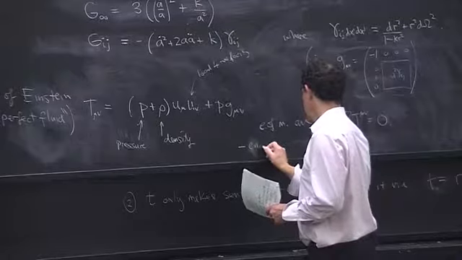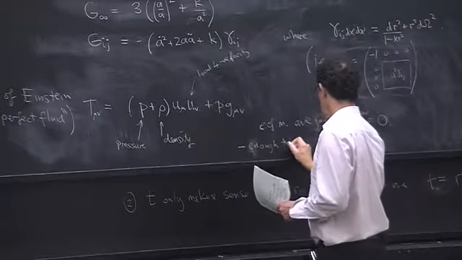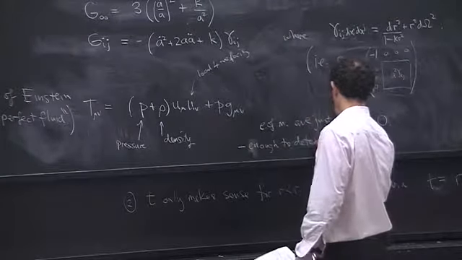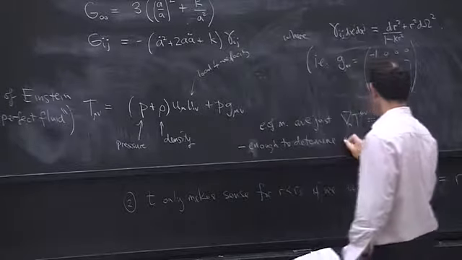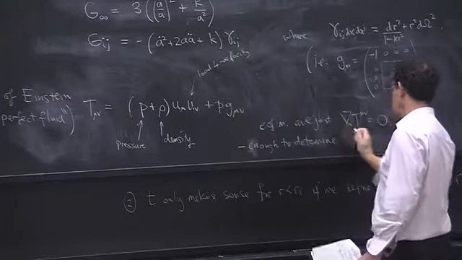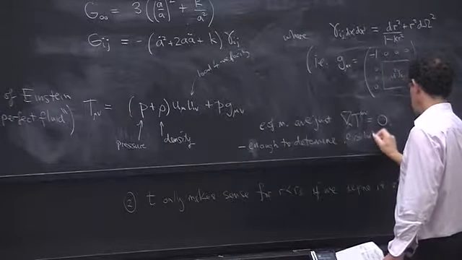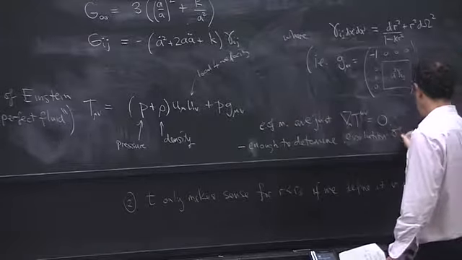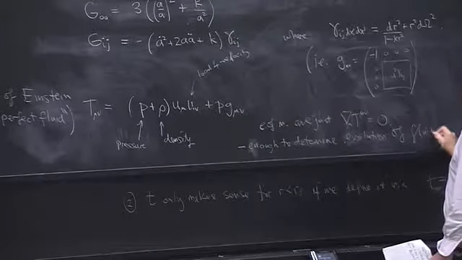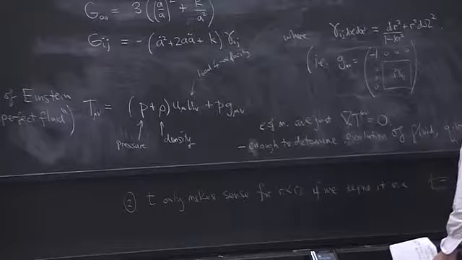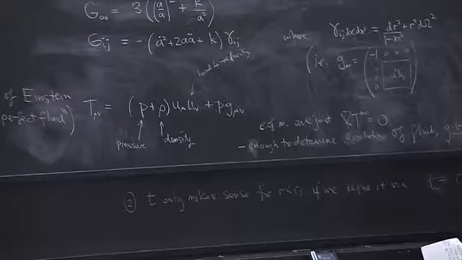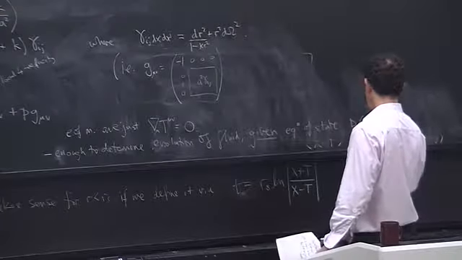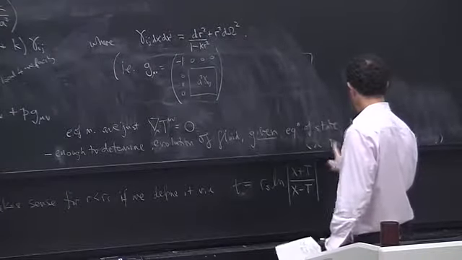Okay, so those equations of motion are enough to determine the motion of the fluid, the evolution of the fluid, given, very important, the equation of state: pressure as a function of the density.